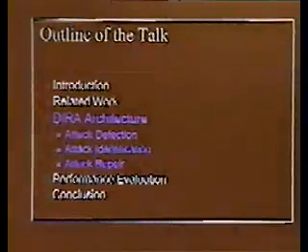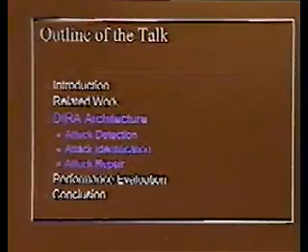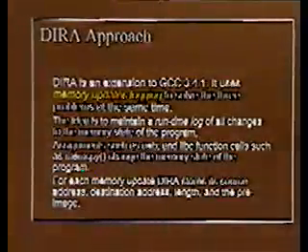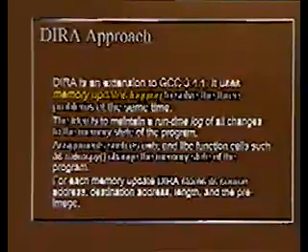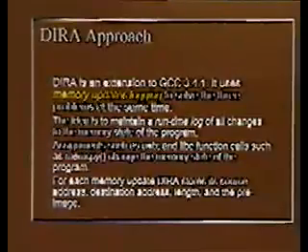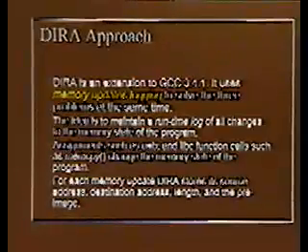Now we move on to the DIRA architecture. DIRA is a compiler that provides all three components: attack detection, attack identification, and attack repair. As I said, DIRA is an extension to GCC, version 3.4.1 currently, but it can be used with other versions as well.